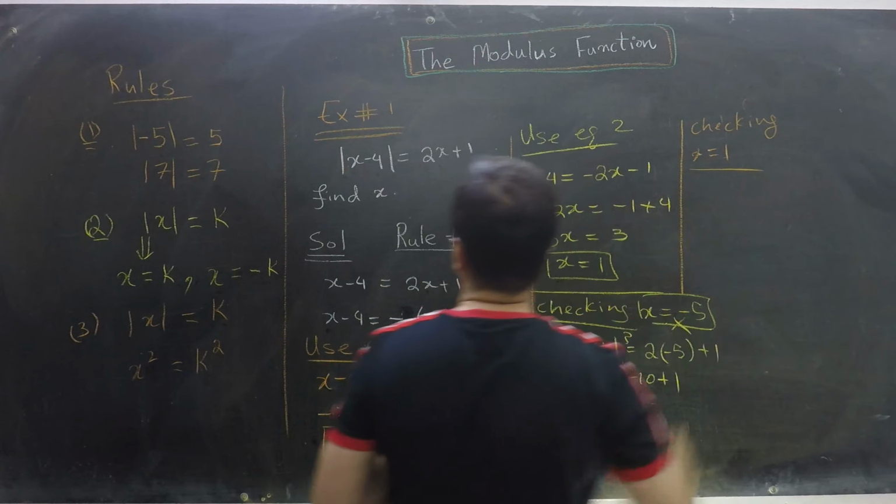And we know according to rule number 1 that mod of minus 3 is equal to 3. So 3 is equal to 3. Yes, in this case my right hand side is equal to left hand side. So x equal to 1 is a valid answer. So my answer in this case is that x is equal to 1. It is possible that in some questions you have two possible values of x, and in some questions you have only one possible value of x, that is in this case.